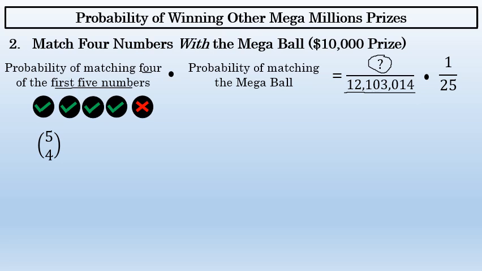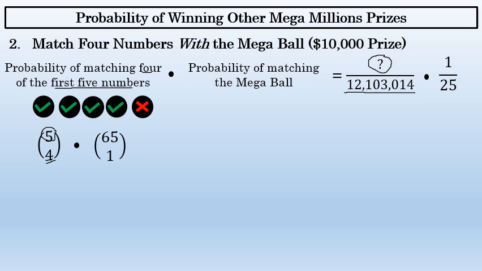This would be written as 5 choose 4. This is called a combination. There are 5 winning numbers. We need to choose 4 of them. Now, we will multiply that by the number of ways the remaining number is not a winning number.